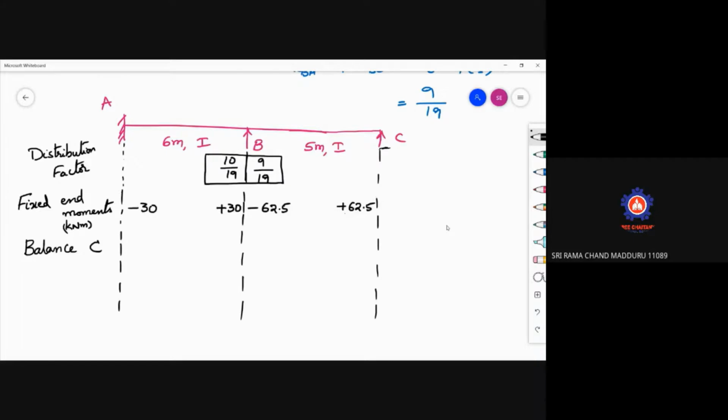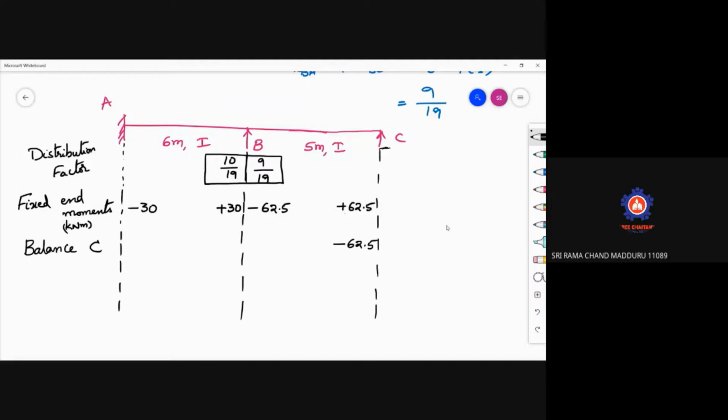Because the priority will be given to the simple support. The idea is to make it 0. Here the moment applied is minus 62.5. When I apply minus 62.5 kilonewton meter and add it, it will become 0. So the support C is balanced.